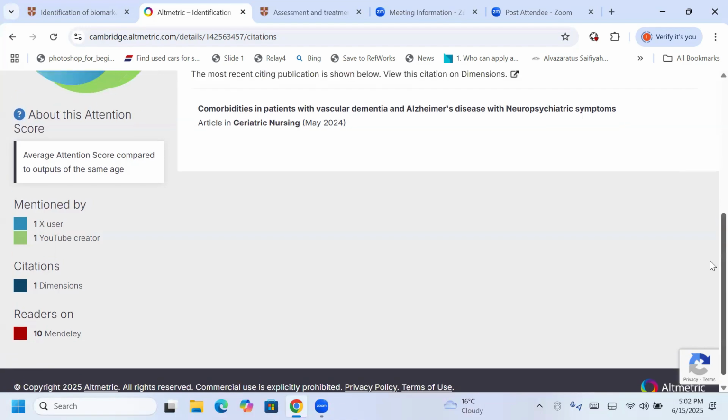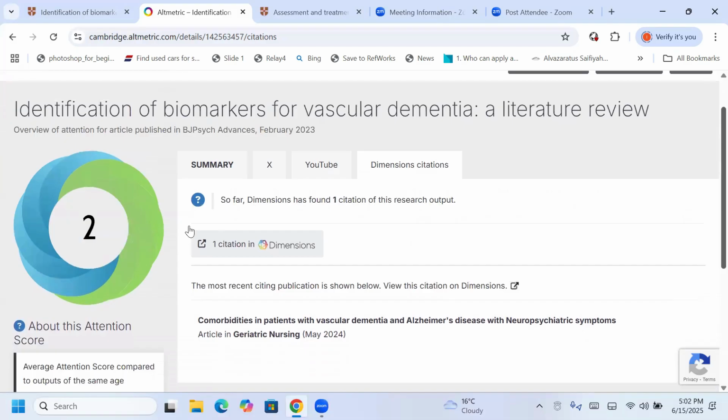Now, if you look at the attention score, this is kind of similar to the research interest score you get on ResearchGate. Now, there is a slight difference there. On ResearchGate, it is about how many researchers are following the article, how many have cited, and how many have recommended. So it is basically seen mostly by researchers.